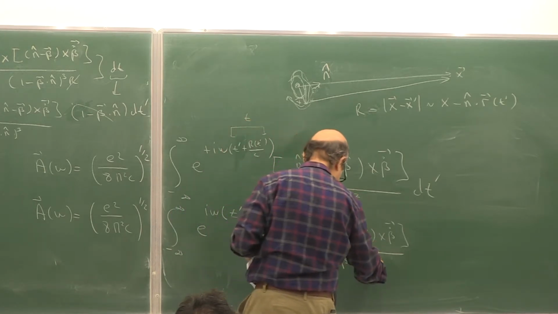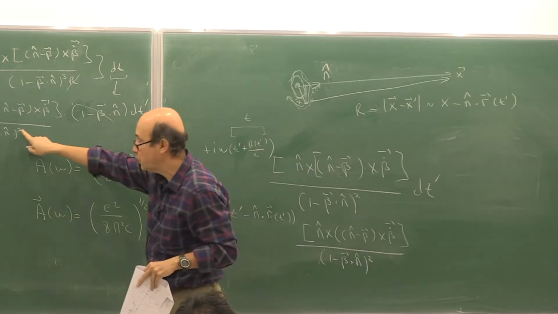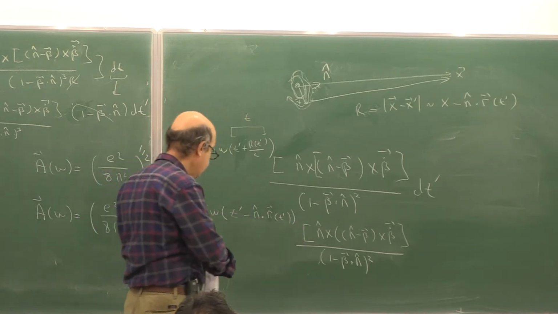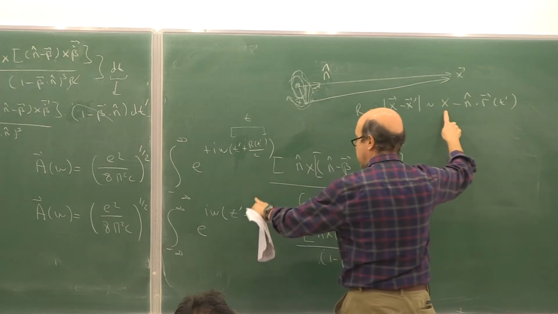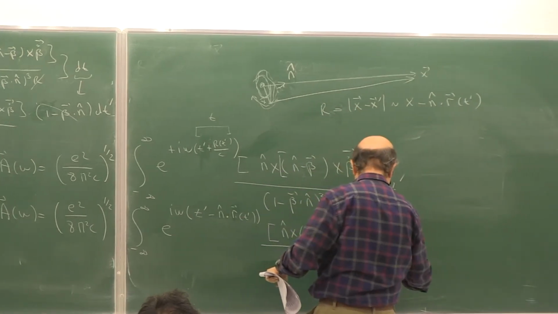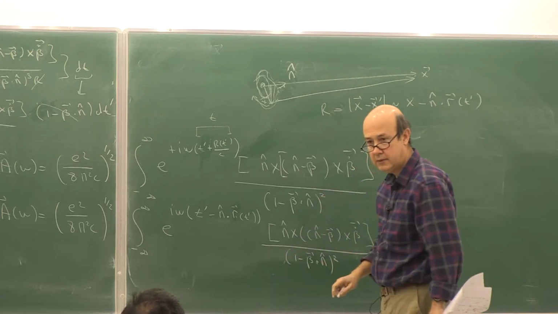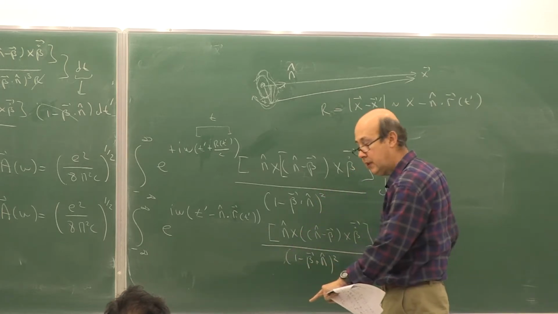This should be square because this was cube here, that is square. And there's one factor here, e to the I omega x. I take this term outside, okay?